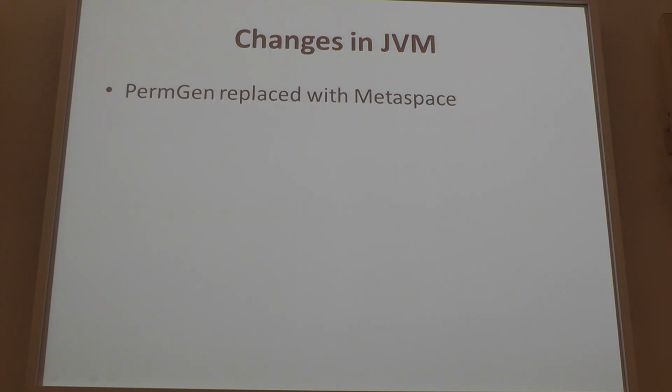The first thing is that the perm-gen memory space is replaced with something different, and basically I think the practical use case or something you should remember about this is that probably many of you have seen the perm-gen space out of memory error.